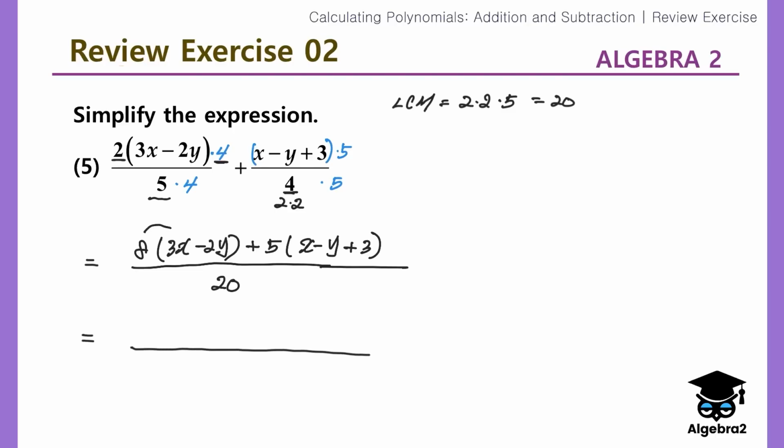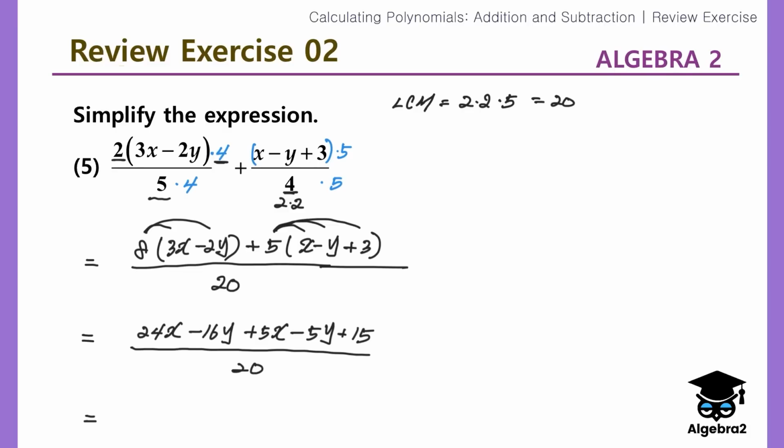8 times 3x, 24x, 8 times negative 2y, minus 16y, 5 times x, plus 5x, 5 times minus y, minus 5y, 5 times 3, plus 15, over 20.